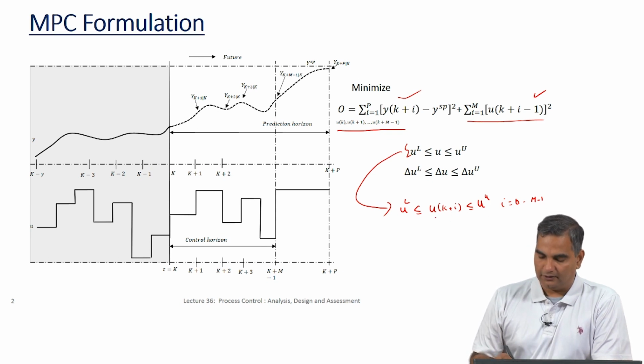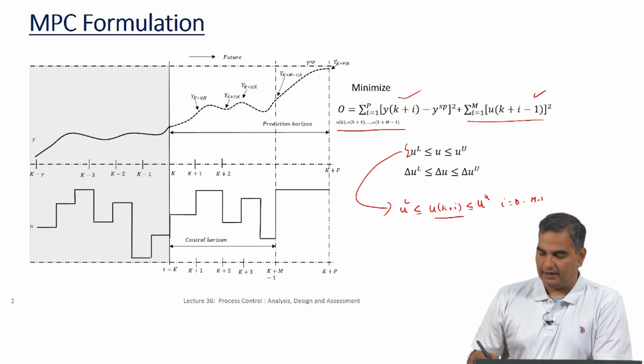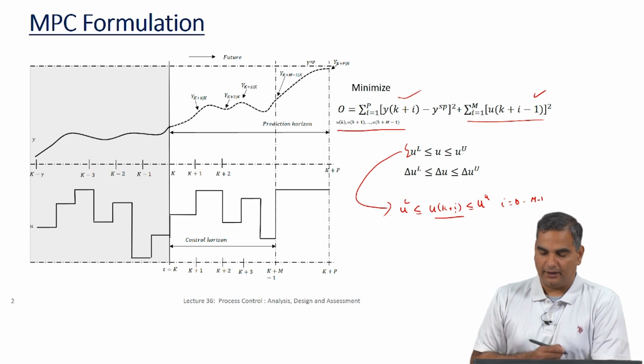That is what is written here. When I is 0, this becomes u k, when I is 1, this becomes u k plus 1, when I is 2, this becomes u k plus 2, and when I is m minus 1, it becomes u k plus m minus 1. So, that is how this constraint is applied on every control move that we take.